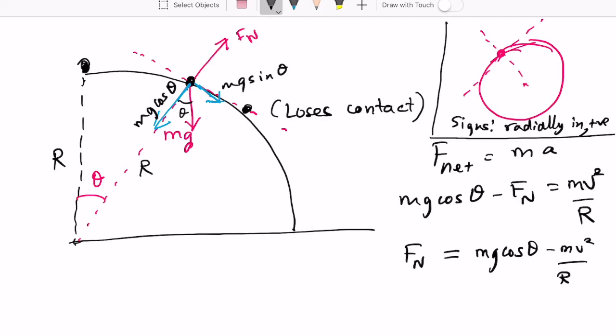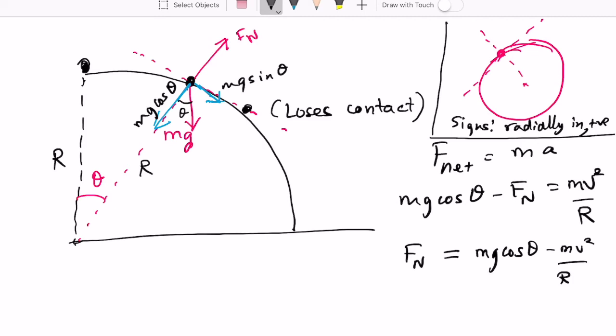Can you tell me what happens to the normal force when the person loses contact with the ground? I mean with the ice mound? The answer is the normal force will vanish. The normal force will become zero, because the normal force only arises because an object is in contact with the surface. If the object loses contact with the surface, there is no more normal force, right?